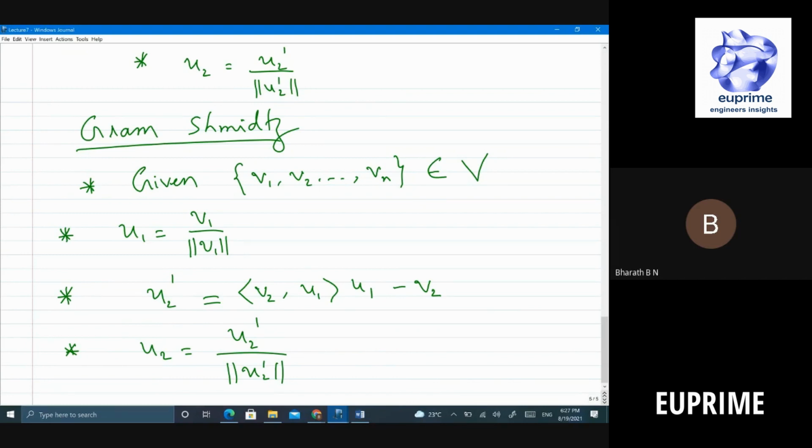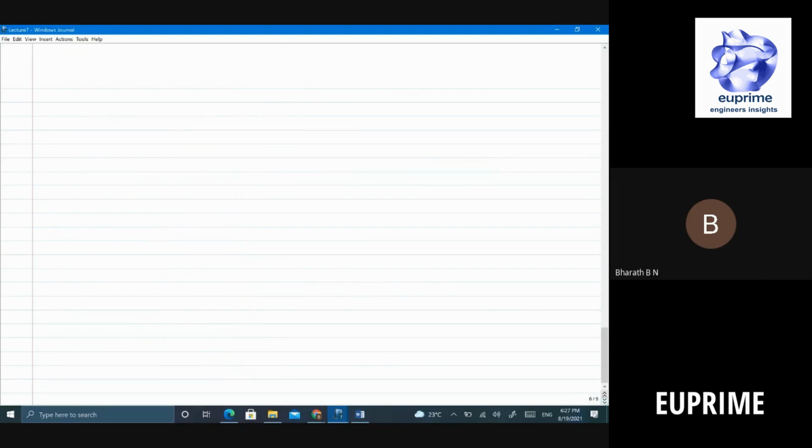Or I can write it in terms of geometry. So it's like this. You have these two, which are orthogonal, and you have a vector like this, which is not orthogonal. So how do you project? What do you mean by projection? I project it onto some point here.